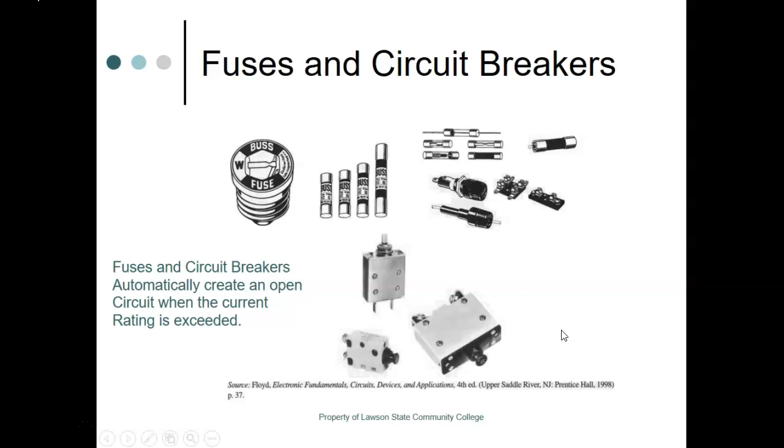Okay. So fuses and circuit breakers automatically create an open circuit when the current rating is exceeded. The bad part about fuses in homes is that, just like circuit breakers, we tend to size them a little bit better or a little bit worse, depending upon your electrician.